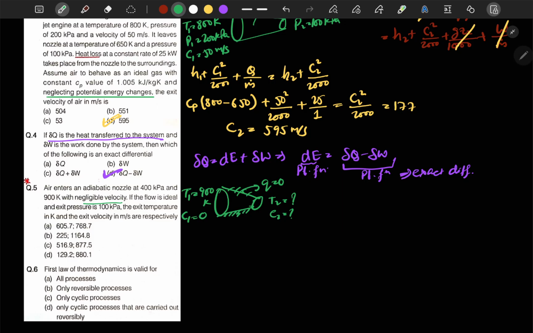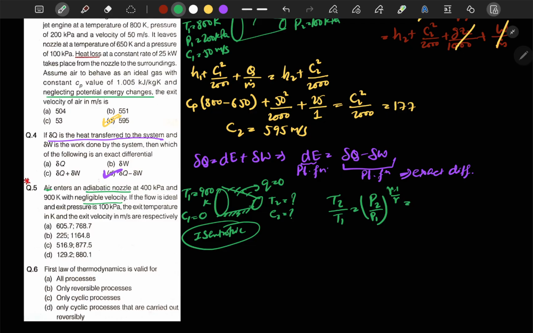Since in this question it is mentioned that it is an adiabatic nozzle, we can assume that the process is adiabatic, that is, an isentropic process. So we can directly use the relation T2 by T1 is equal to P2 by P1 power gamma minus 1 by gamma, and since it is air, gamma will be 1.4.